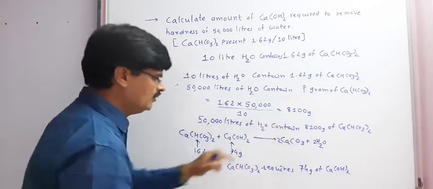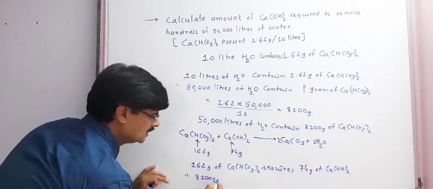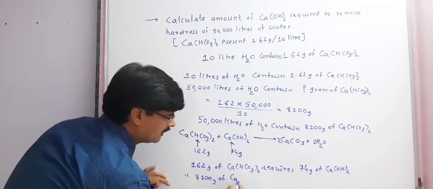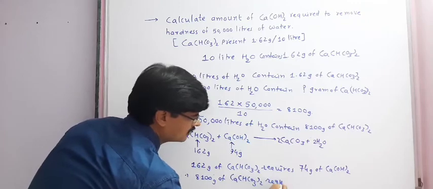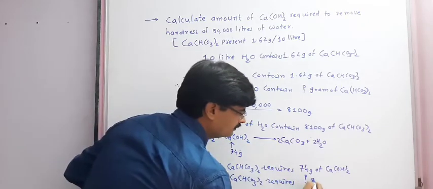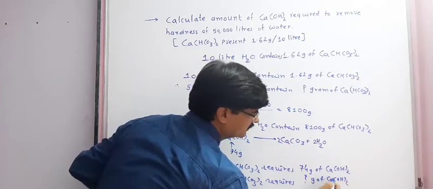Therefore, 8100 gram of calcium bicarbonate requires what gram of calcium hydroxide?